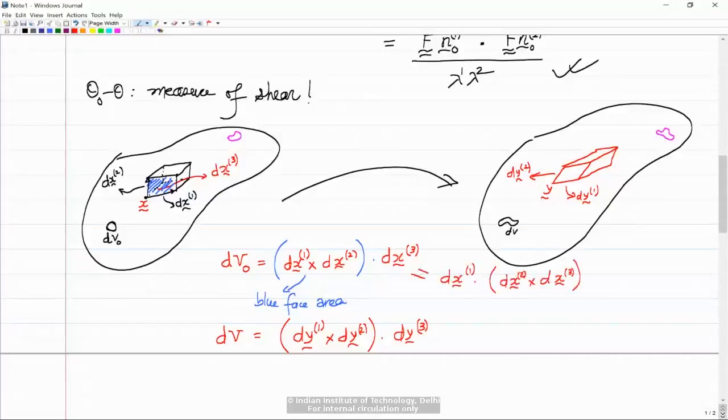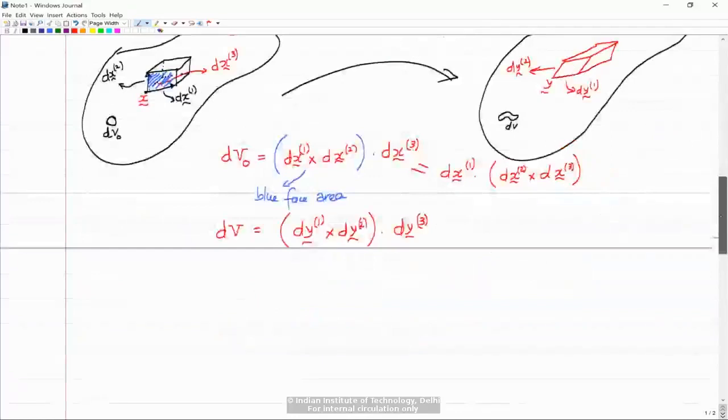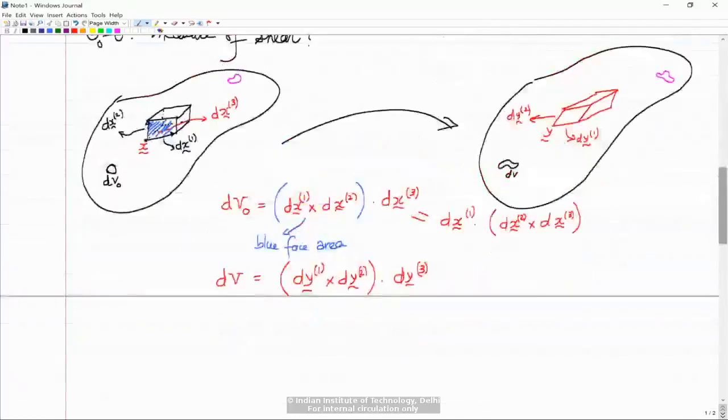And then there is a third one also, right? So that's the beauty of the scalar triple product. And each of the triple products has a physical sense. Anyway, so this is how you got the formula of the two volumes.